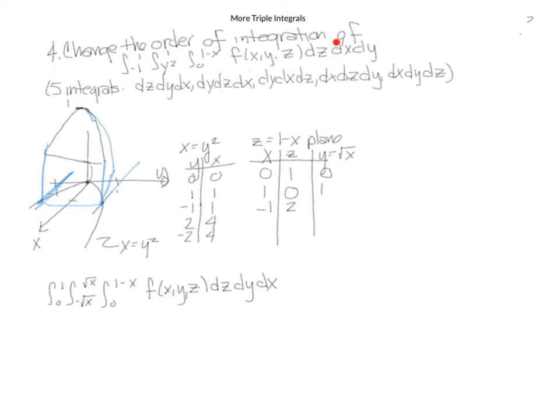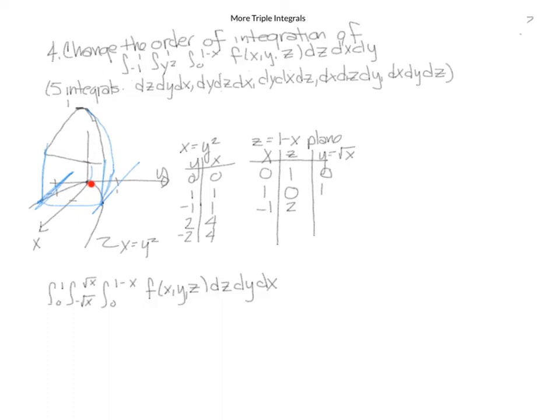Next, we have our relation between x and y. So we have a relation of x equals y squared. So that's a parabola in the xy plane. So I drew this parabola here in the xy plane when z is equal to 0. And I see that x is going from this parabola up to x equals 1.